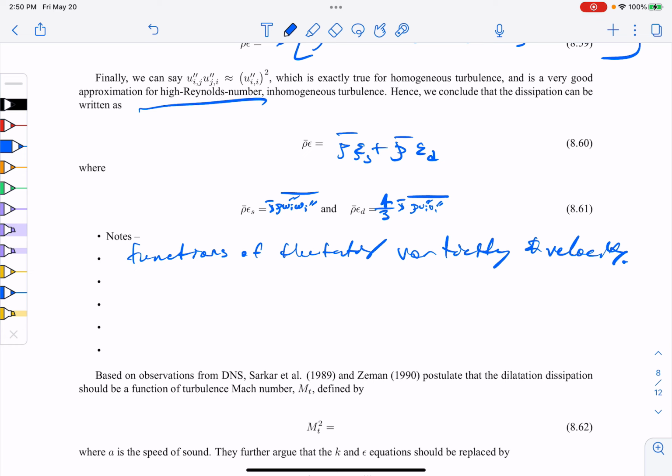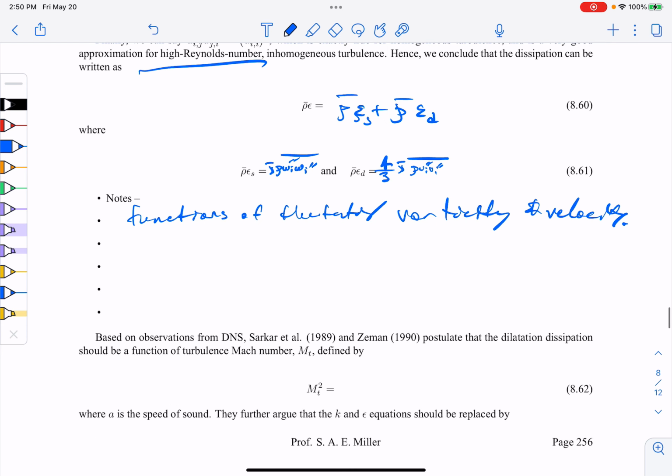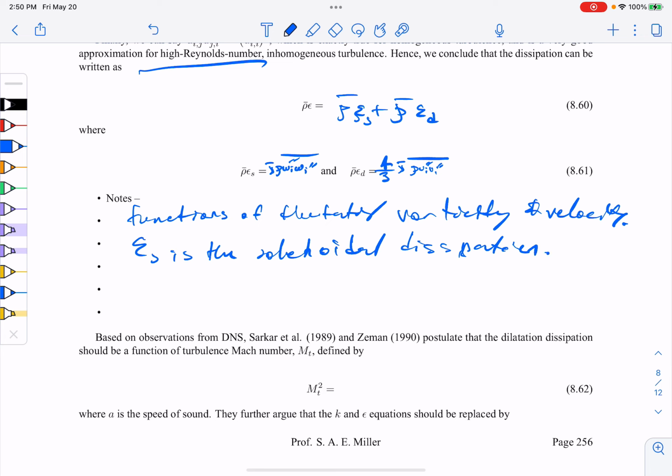And at high Reynolds number, these components are typically uncorrelated, as in equation 8.59 here. And epsilon s we call the solenoidal dissipation. And epsilon d is the dilatation dissipation, and epsilon d is really present only for compressible flows.